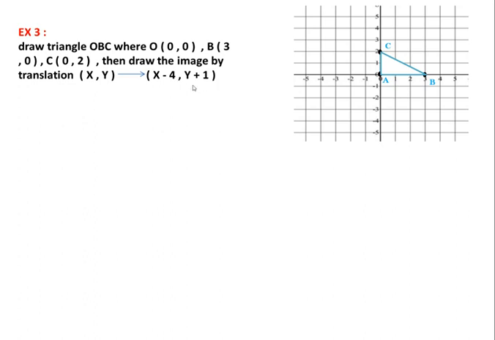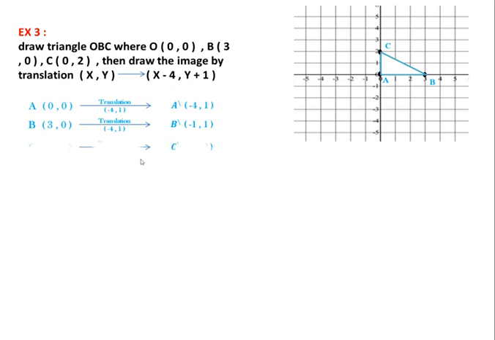At first, A (0, 0) by translation x minus 4, I mean negative 4, y plus 1, I mean positive 1, so the translation is (-4, 1). 0 plus negative 4 will be negative 4, and 0 plus 1 equals 1, then the image A dash is (-4, 1). The image of B, also (3, 0): 3 plus negative 4 equals negative 1, and 0 plus 1 will be 1.